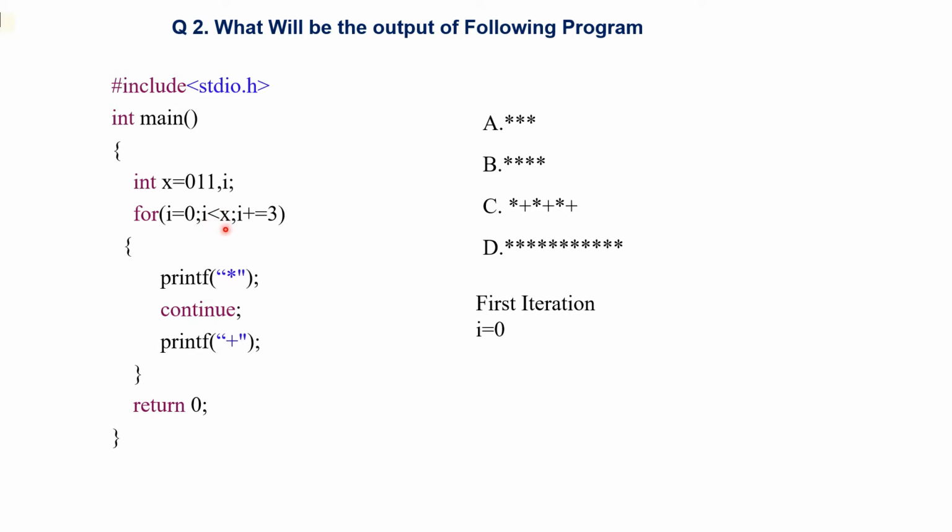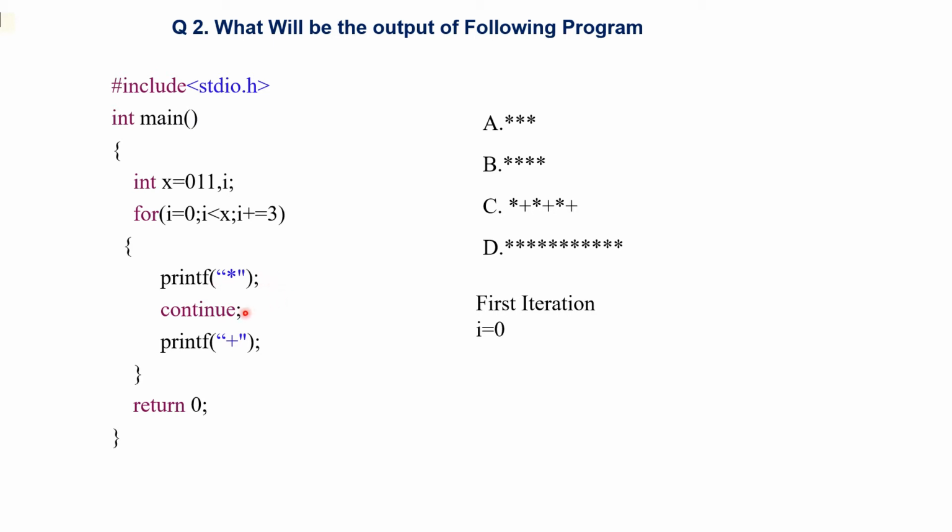The value of x will be considered here as 9. So 0 less than 9, the condition is true. As the condition is true, control will be transferred inside the loop and this statement will be executed. So a star will be displayed for the first time because of this printf function.